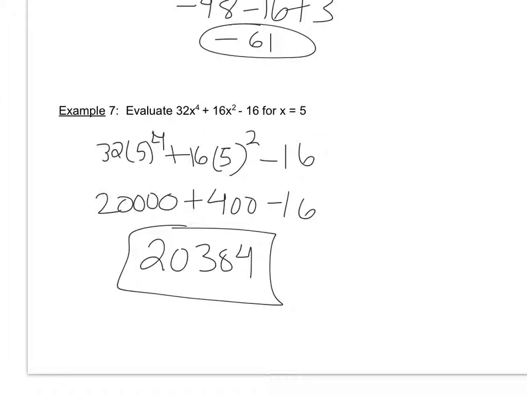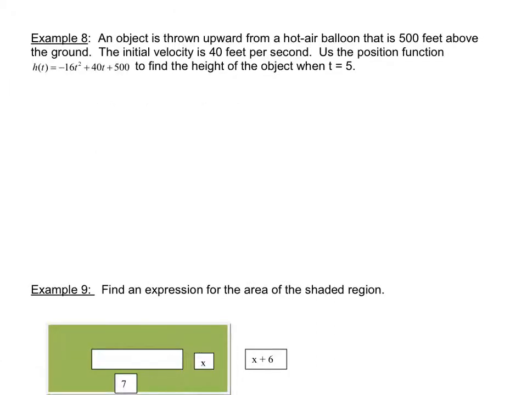Okay, let's look at some more examples. It says an object is thrown upward from a hot air balloon that is 500 feet above the ground. The initial velocity is 40 feet per second. Use the position function negative 16t squared plus 40t plus 500 to find the height of the object when t equals 5. So that means substitute.